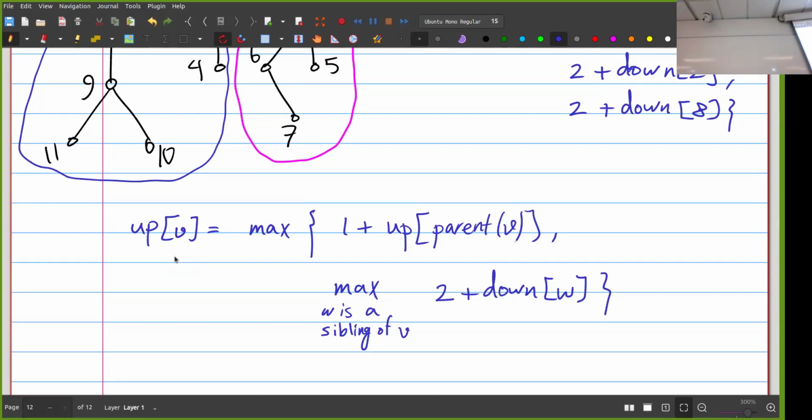I have already calculated them. But it also depends on the up value of the parent of V. So when I want to calculate the up values, I have to start from the top of my tree and go down. So this is now a combination of both directions of dynamic programming on trees. First, we calculate the down values by going bottom up, and then we calculate the up values by going top down.